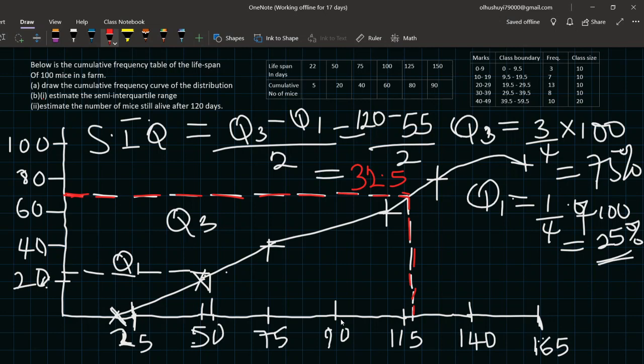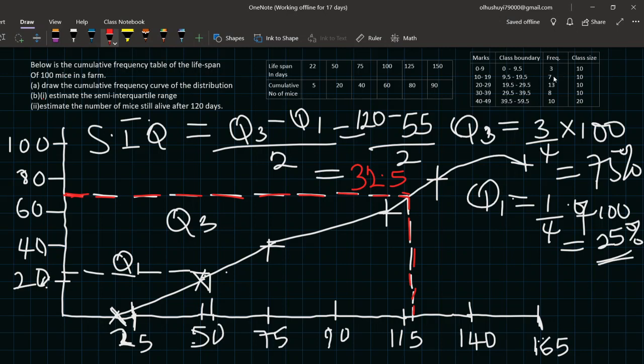They said estimate the number of mice still alive for 120 days. So don't forget, this place is your cumulative frequency. There we indicated 75. It's not percentage, don't mind me. But when you are calculating your cumulative frequency, look at this.